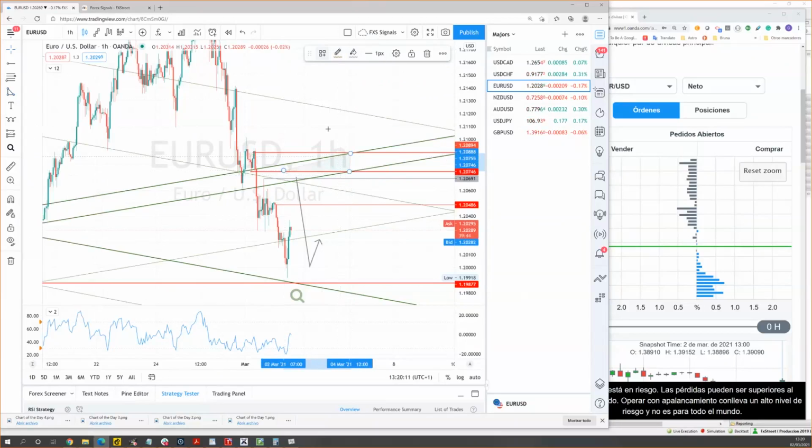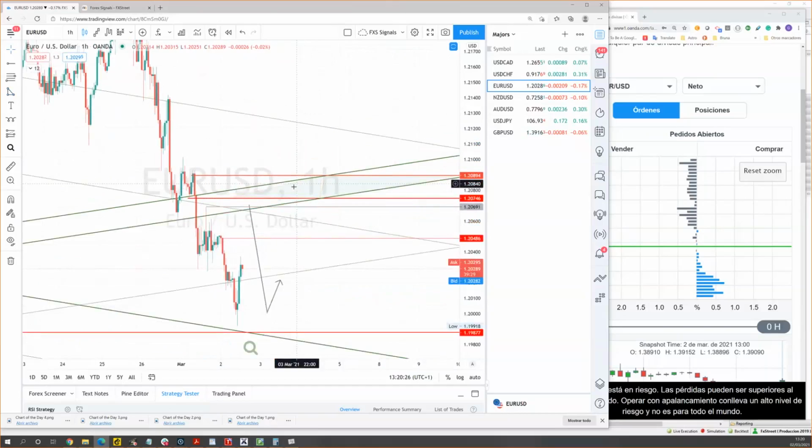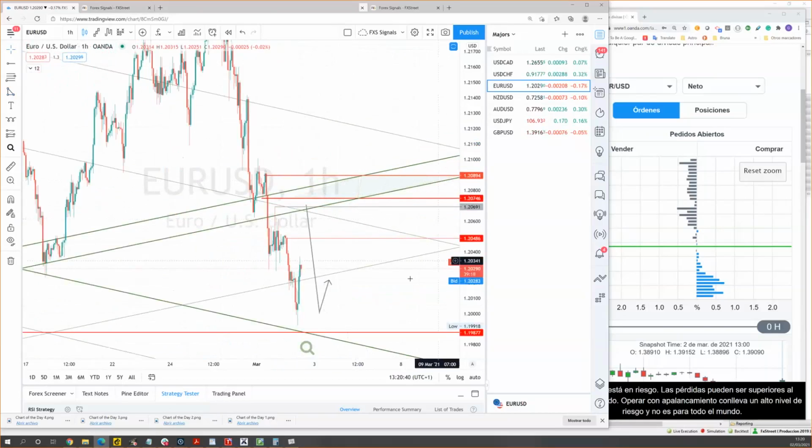I don't know if you can see, I'm trying to draw something on this area. We have these areas where both lines or both areas are confluent, right? So that could be a whole area for shorting.